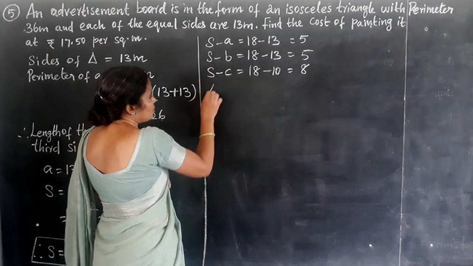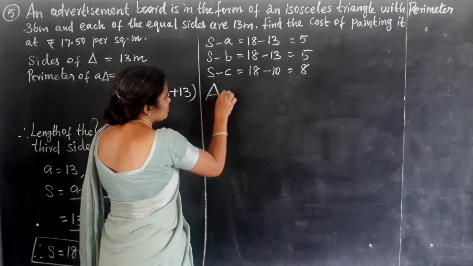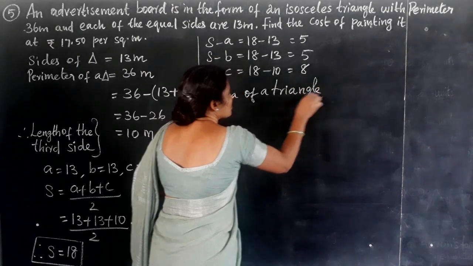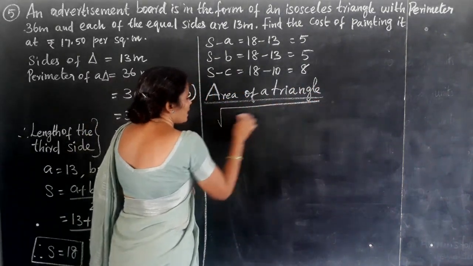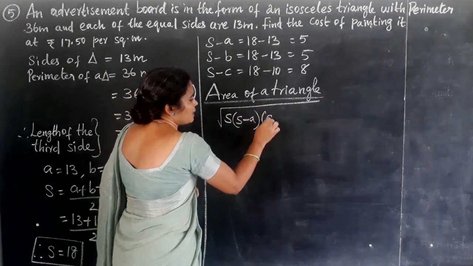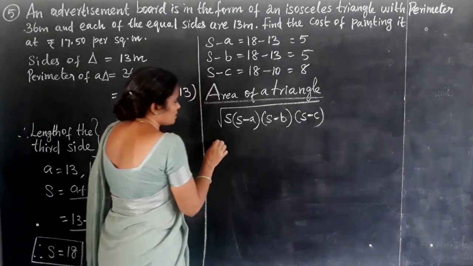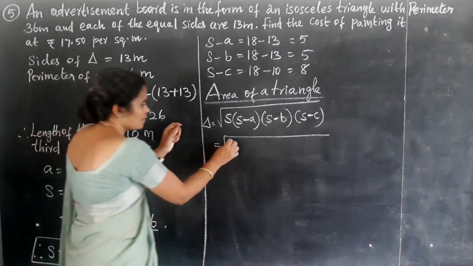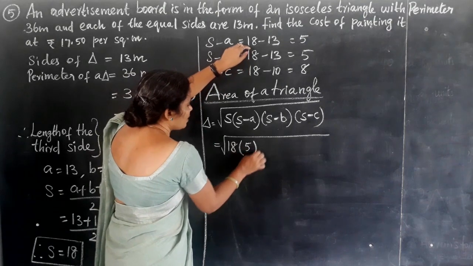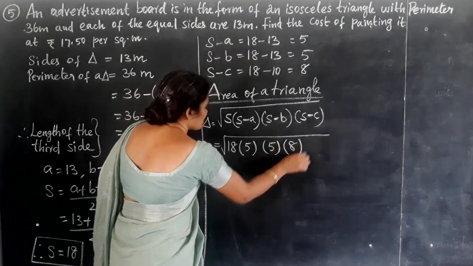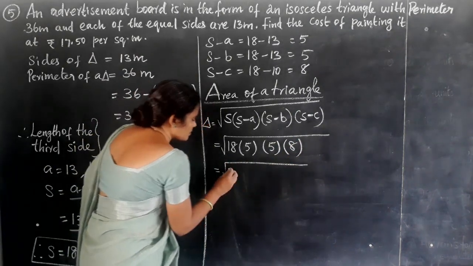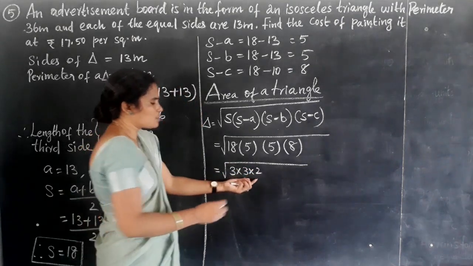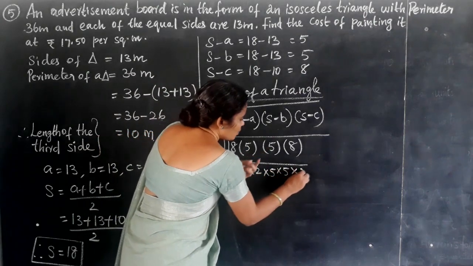So using Heron's formula to find area of a triangle, area of a triangle, square root of S, S minus A, S minus B, S minus C. So S is equal to 18, S minus A 5, S minus B 5 and S minus C 8. 6 3s are 18, so 3 into 2, 6, 3 3s are 9, 9 2s are 18, into 5, into 5 and 2 into 2 into 2.